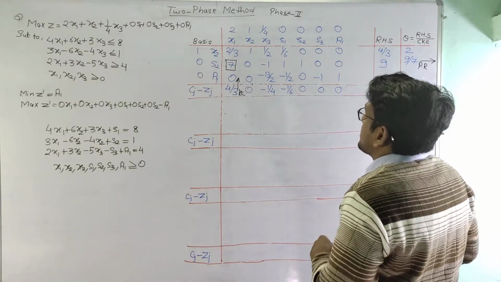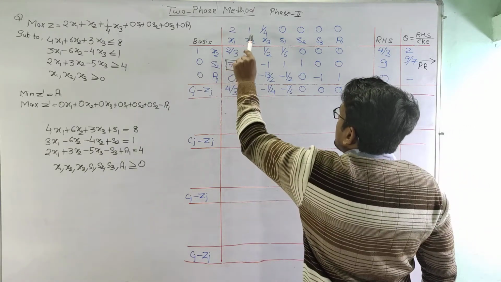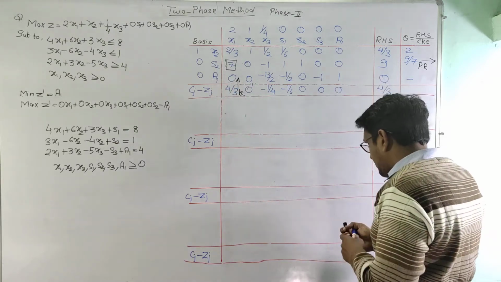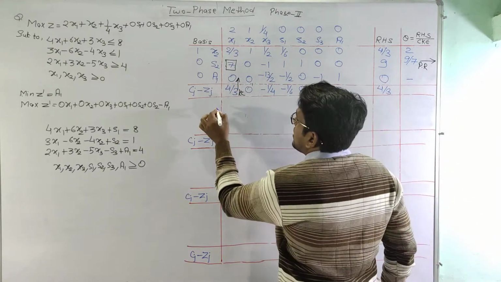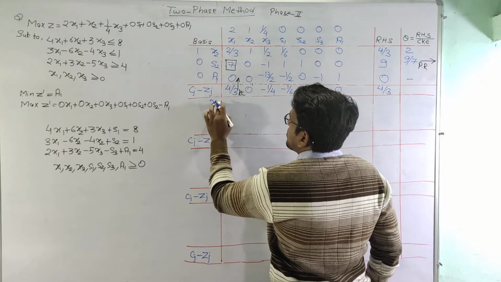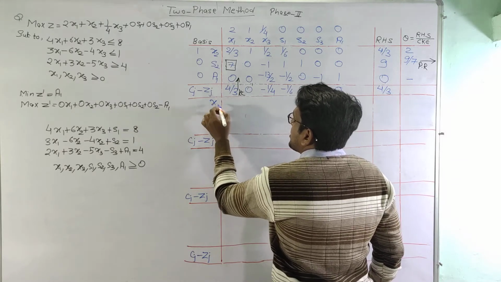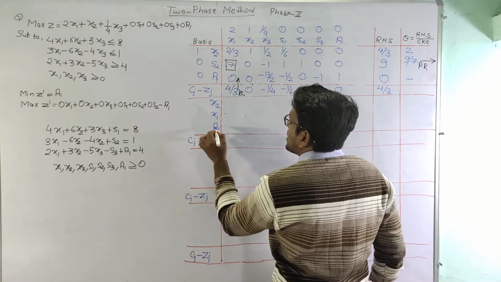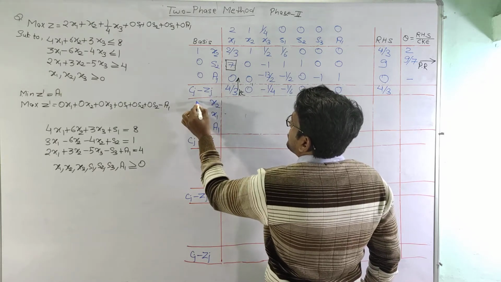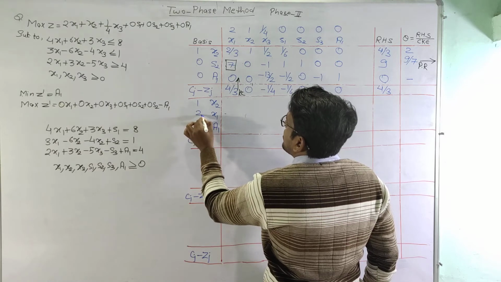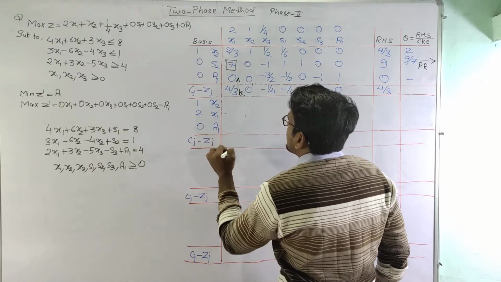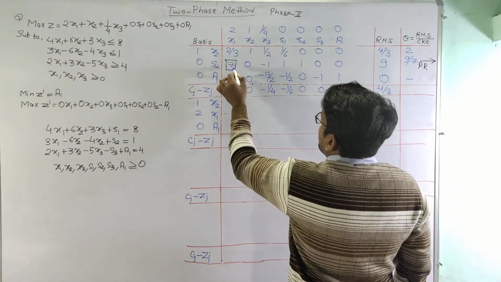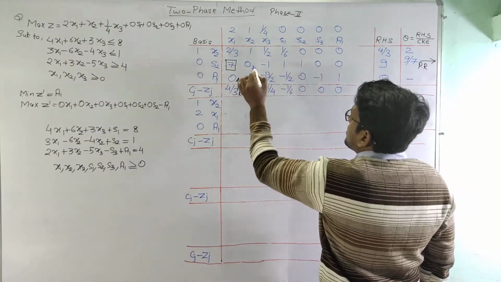Now it is clear that variable x1 will enter the basis and will replace the variable s2. So let us do this. The variables are x2, x1 and a1, and the objective function coefficients are 1, 2 and 0. Now to make this element 1, I will divide this row by 7.